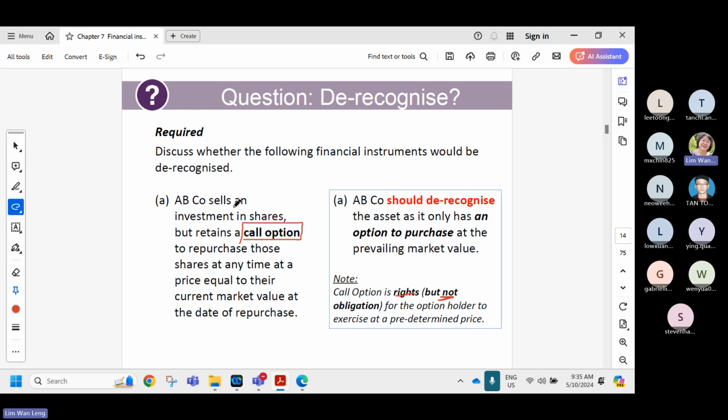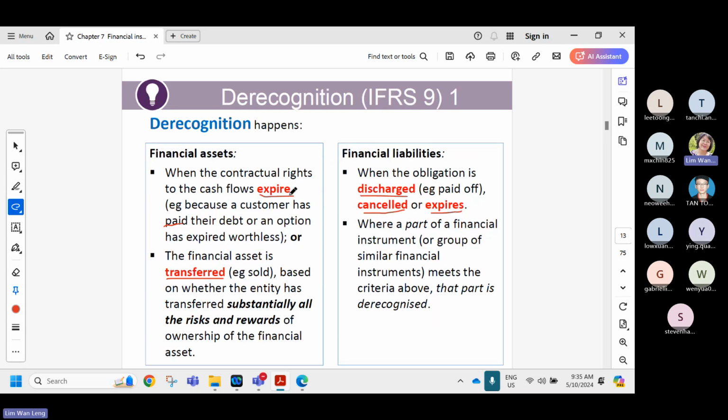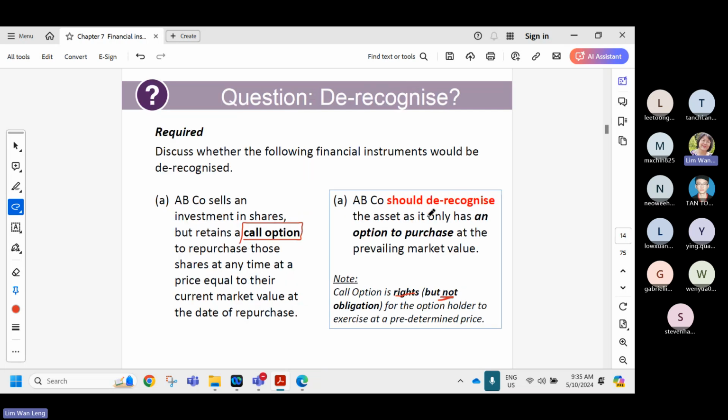So we look at the scenarios given to you: scenario A, scenario B. Discuss whether the following financial instrument will be derecognized. So when do you derecognize them? When you find that they have been expired, transferred, discharged, cancelled. These are the conditions for derecognition.